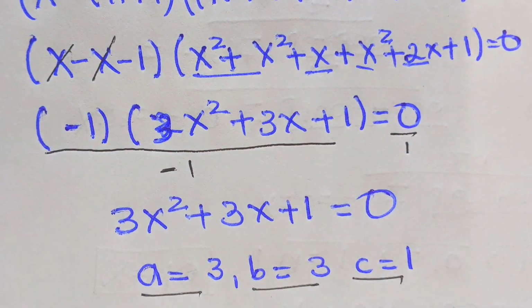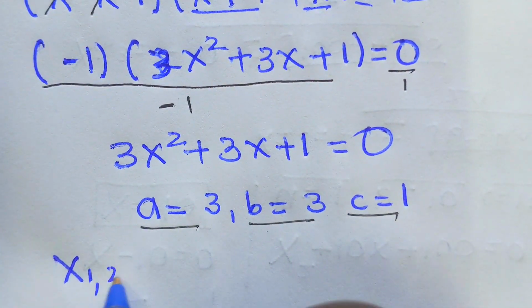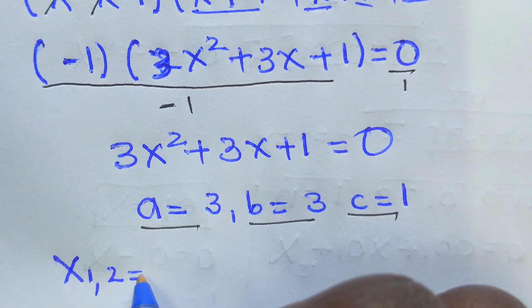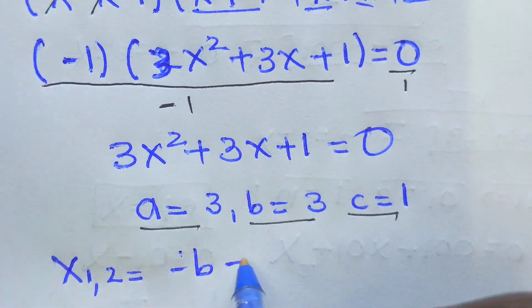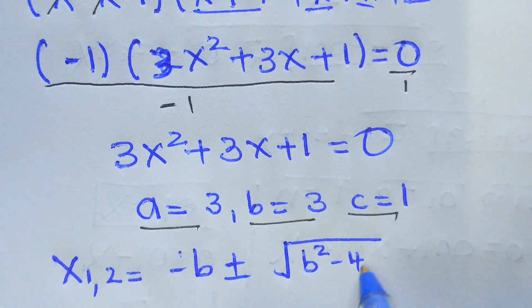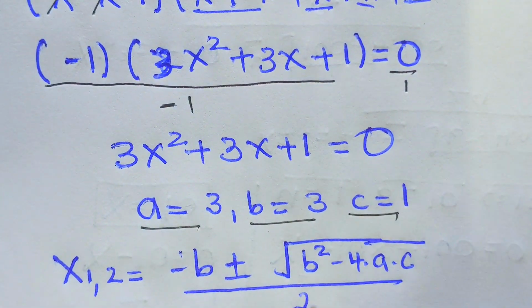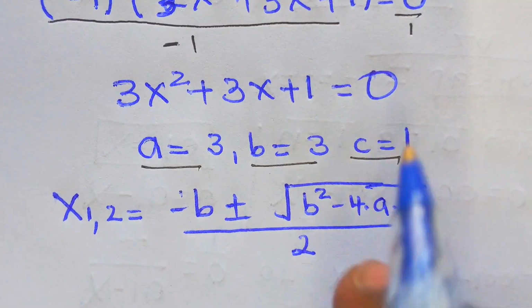So we have to say x1 and x2 will be negative b plus or minus the square root of b^2 minus 4ac, over 2a.